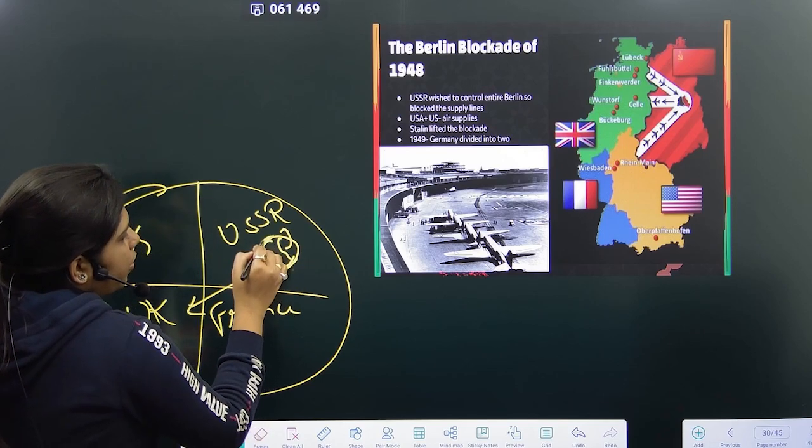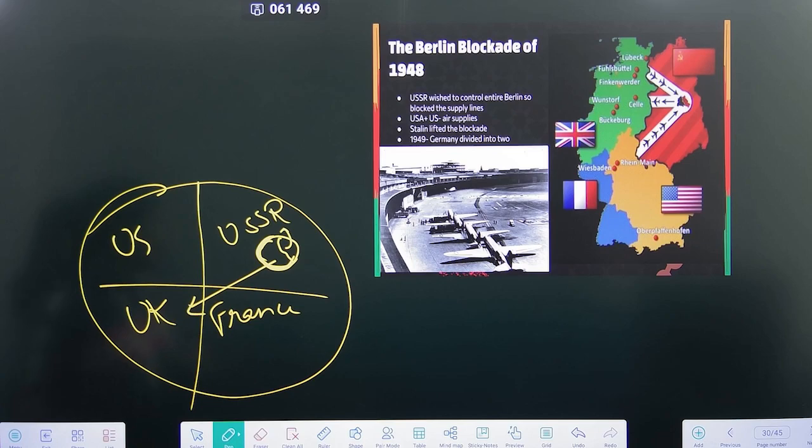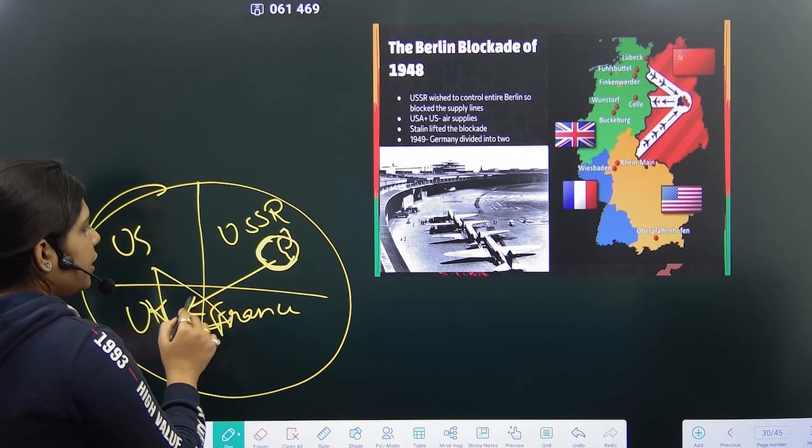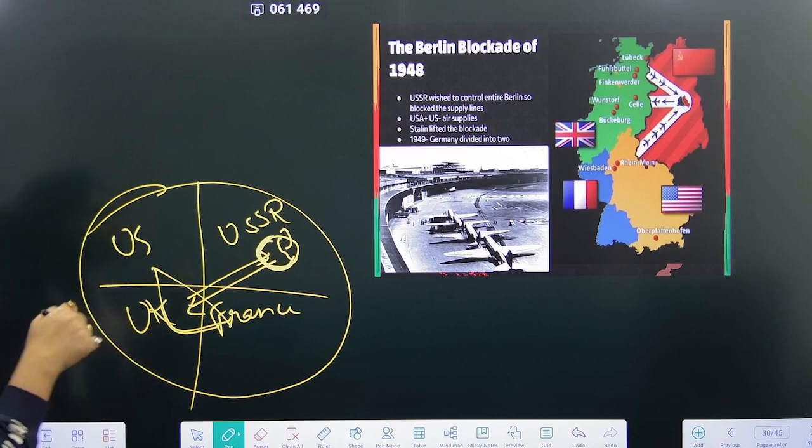Food and other commodities could not get in over here. He blocked the supply line for days. But US, UK and France had to supply things to their region. So they used air supplies. They used aeroplanes and helicopters to take the supplies over there.